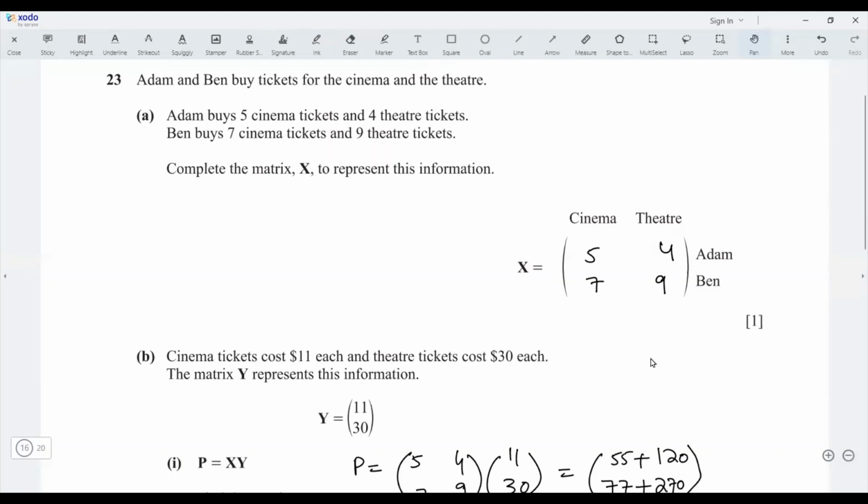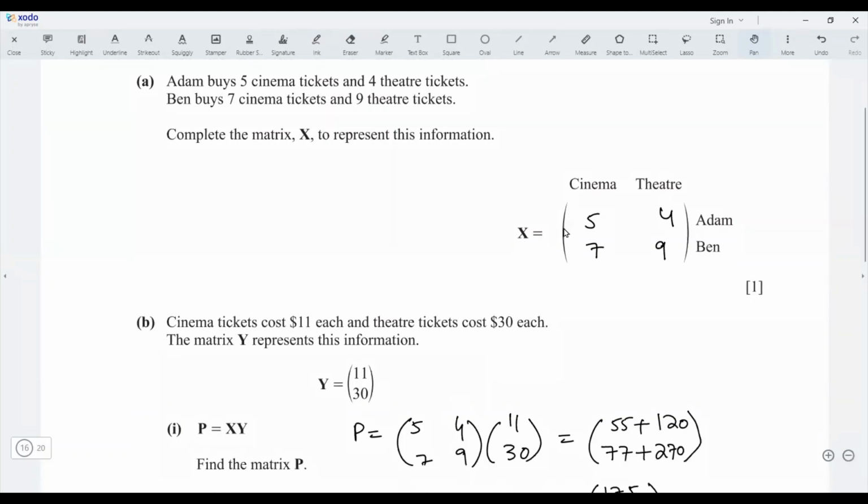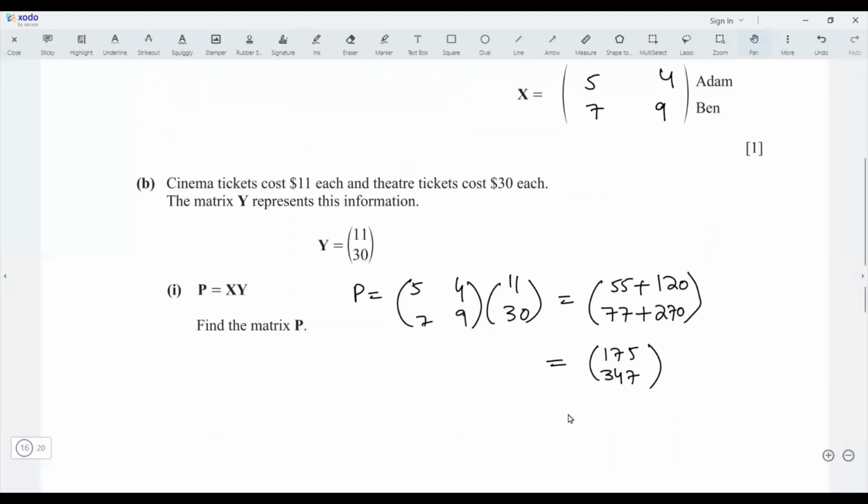This means that 5 is basically cinema tickets, and it must be multiplied with the cost of cinema. Similarly, theater is 4, and 30 is basically the cost of the theater tickets. So the number of theater tickets must be multiplied with the theater's cost. So the very first element represents the total cost of cinema tickets.